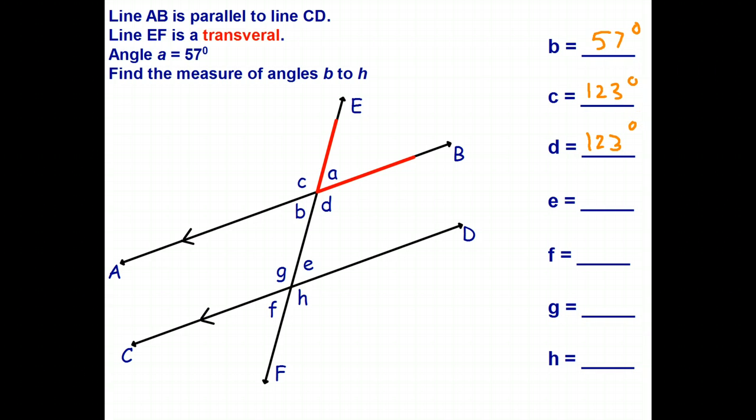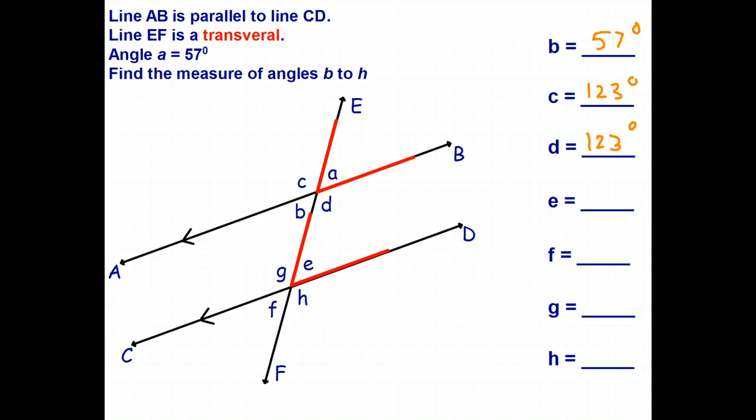123 degrees. Now if I take this thing and drag it down, you can see that these two angles are equal. So therefore, angle A equals angle E. That's correct.